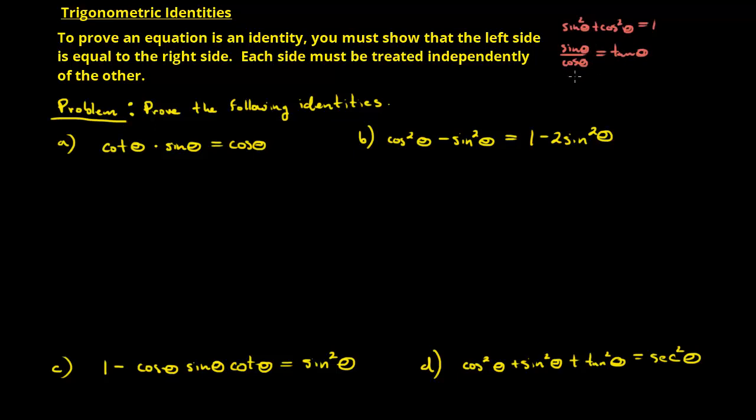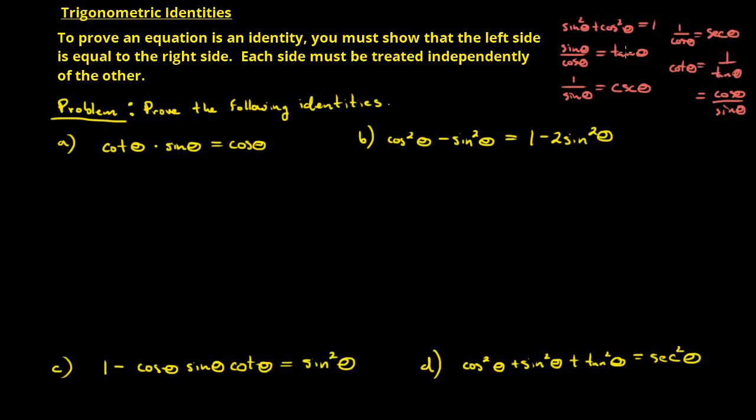And we know the reciprocal identities: 1 over sine theta is equal to the cosecant of theta, 1 over cos theta is equal to the secant of theta, and the cotan of theta is equal to 1 over tan theta. Now, because cotan of theta is equal to 1 over tan theta, cotan of theta is also equal to cosine theta over sine theta.